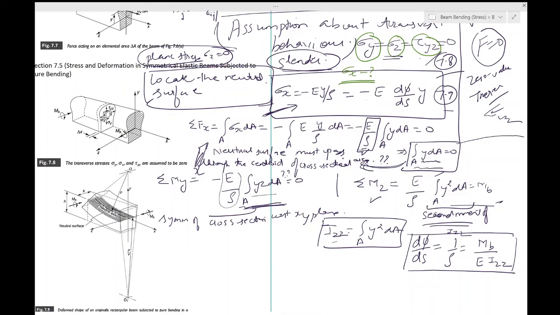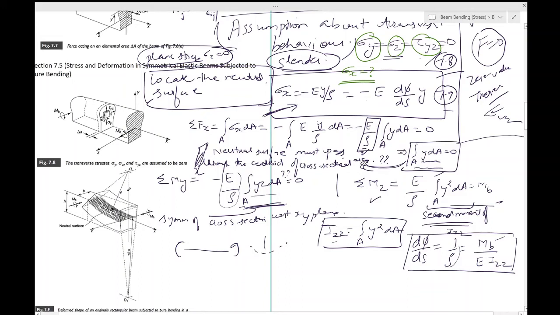So if the bending moment is like this, the curvature will be like this. This you can do by merely bending a rubber eraser. So if this is positive, it means it's concave up like this.